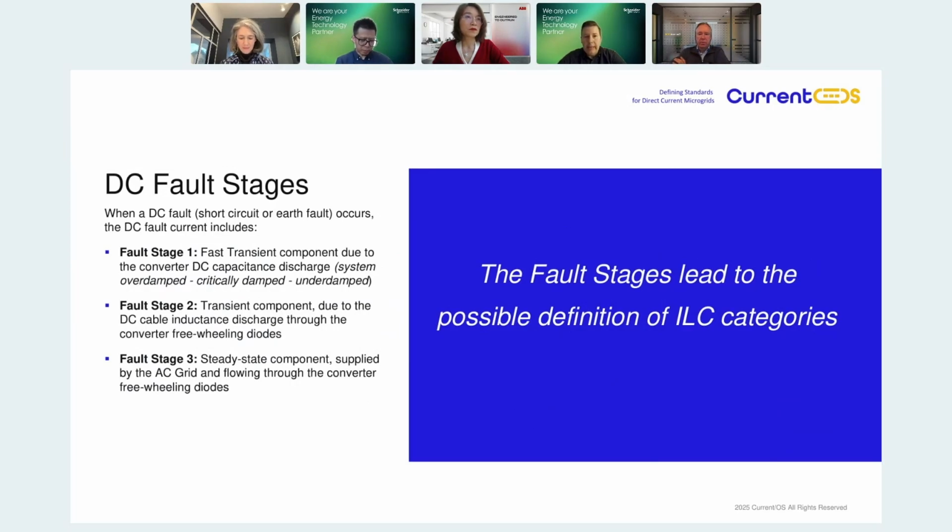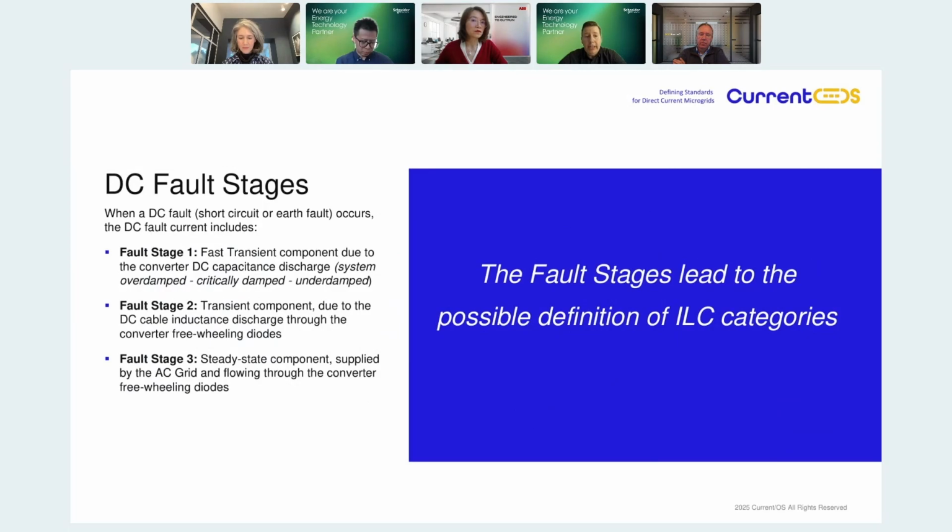The transient phenomenon, in particular of the current, can be overdamped, critically damped or underdamped. Basically, we have or do not have an oscillating waveform of the current. In particular, if we have an underdamped phenomenon, we can also have fault stage 2, because the voltage on the capacitor can become negative.